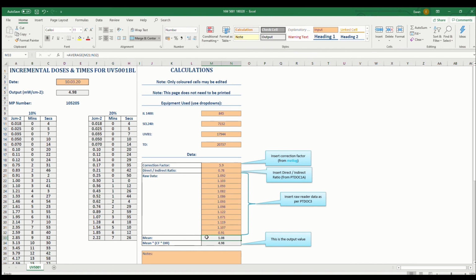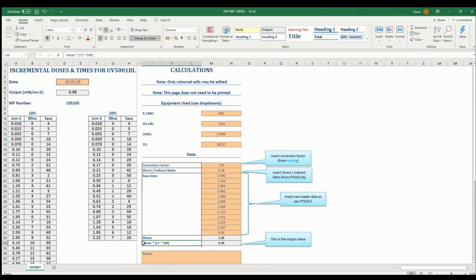This particular detector requires us to apply a correction factor in order to get the true irradiance traceable back to national standards. That correction factor for this detector is 5.9, and we also then need to apply the direct to indirect ratio, which, as we saw from earlier in the video, was calculated at 0.78.